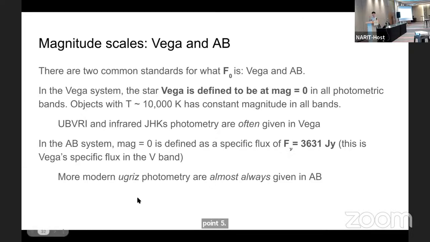Most modern ugriz photometry, the Sloan system, and Pan-STARRS photometry are in AB magnitude. And there's an active, albeit very slow, push in astronomy to get everything into AB magnitude, so that we never have to look at Vega magnitude ever again. Of course, as is tradition in astronomy, we never get rid of anything, so I just want to make sure that you are all aware of these two different systems.